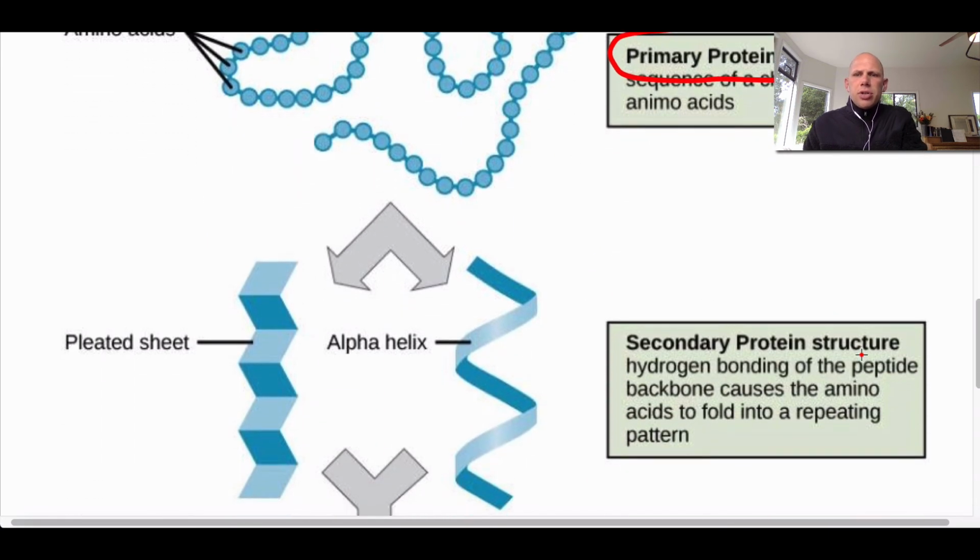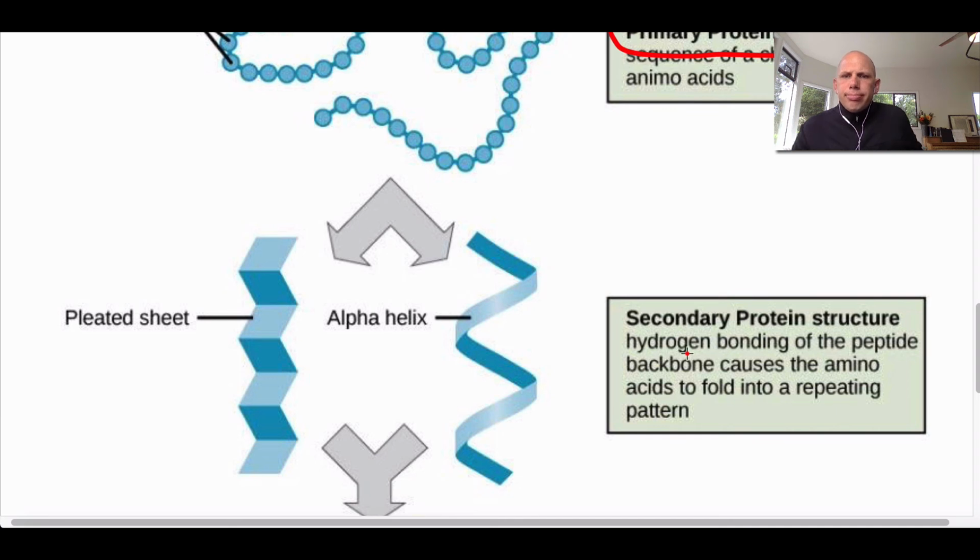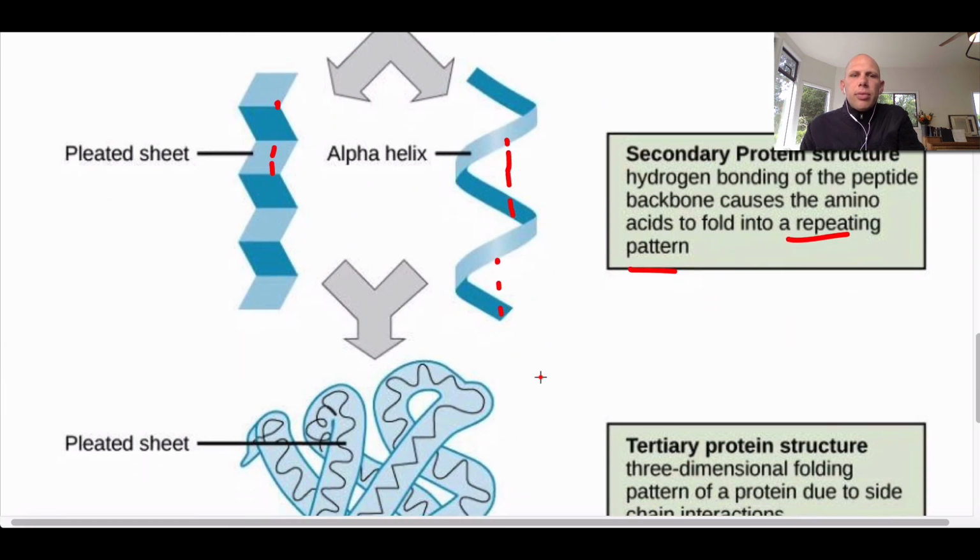The secondary structure is how this hydrogen bonding creates these repeating patterns of three-dimensional structures. Okay, we have those hydrogen bonds sort of holding these backbones together. They're drawing their beta pleated sheets a little different. They're calling the beta sheet a pleated sheet. This is the beta sheet, same thing. Okay.